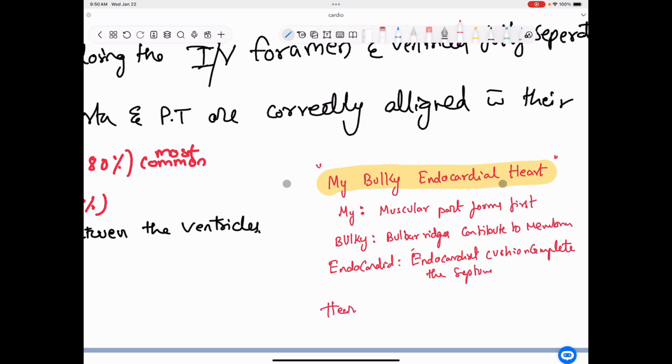And finally, heart. Final structure is fully separated left and right ventricle.